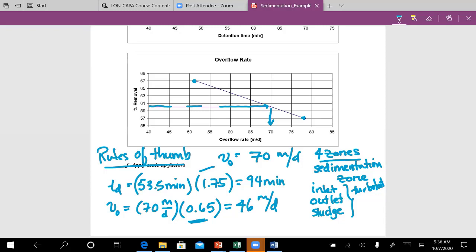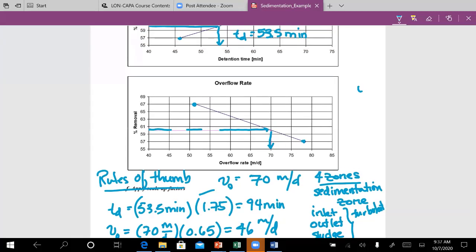And if it starts degrading and producing carbon dioxide and methane, you produce bubbles. Think about it. Here are my particles that I'm trying to settle. Now I produce bubbles from the sludge. These bubbles are going to rise. My particles are settling. What happens?